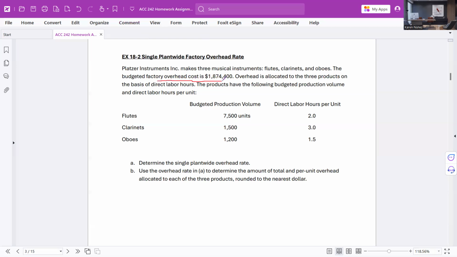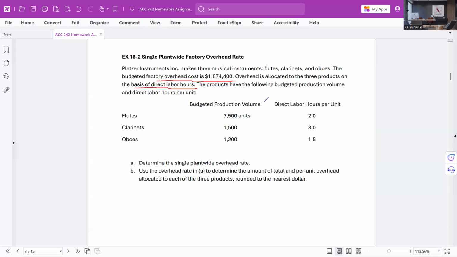The factory overhead of 18,744 should be allocated on the basis of direct labor hours. So that's our formula, right? The numerator is going to be overhead, the denominator is going to be the direct labor hours. The thing is, though, that they don't give us total direct labor hours. They just give us the components or the pieces we need to get total direct labor hours.